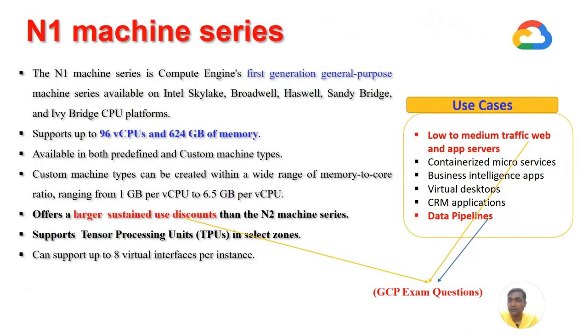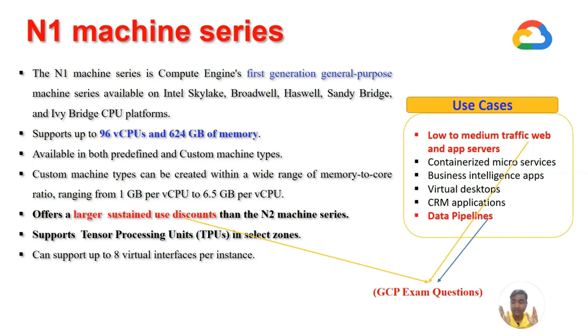Guys, let's discuss the N1 machine series. N1 instances were the first generation of general purpose instances in GCP. N1 instances offer a balanced combination of CPU and memory resources, and as you can see here, the N1 instances use Intel Haswell processors and are available in various predefined machine types.